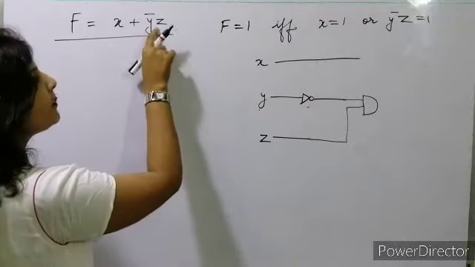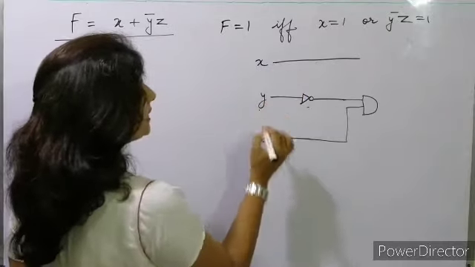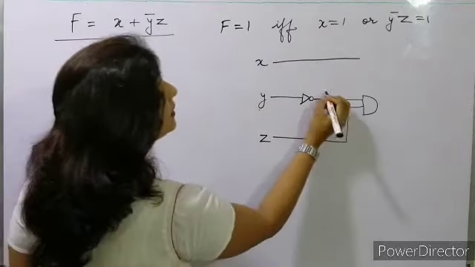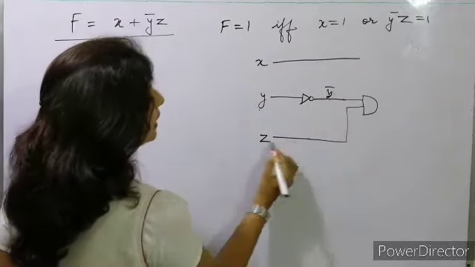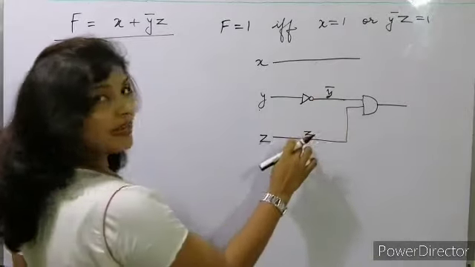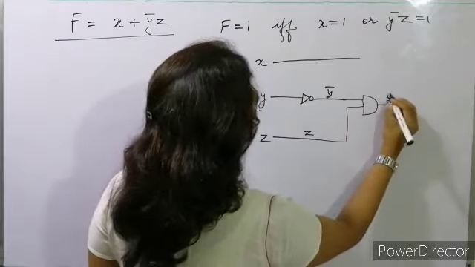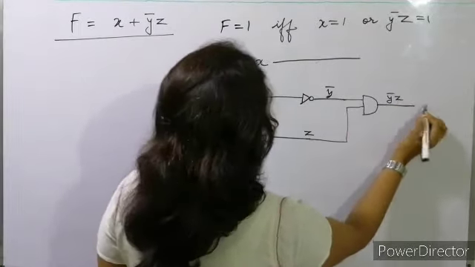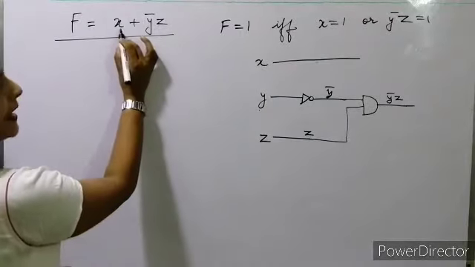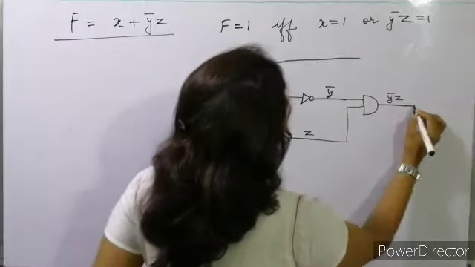Now we have to multiply this by z. There are three inputs x, y, z. So not of y is y bar, और ये z है. तो ये जो output होगा, we have to multiply y bar and z. तो we will use the and operator, so it will become y bar and z. ठीक है. So what we have to do, we have to add x. Okay. x को हम add करेंगे, then we'll get the output f.